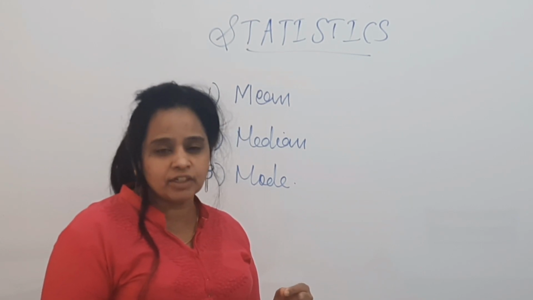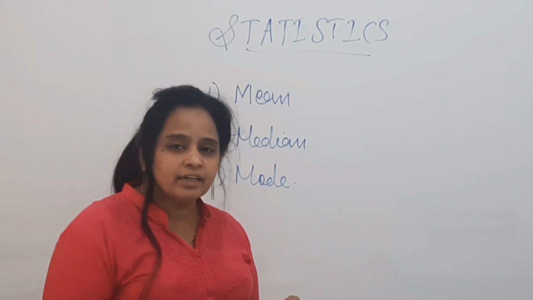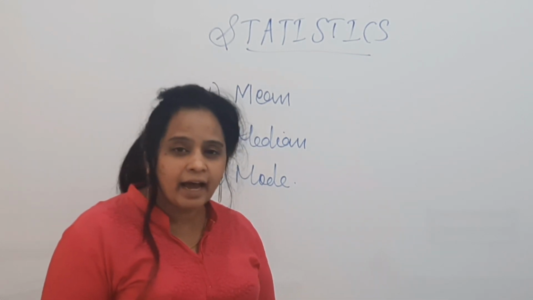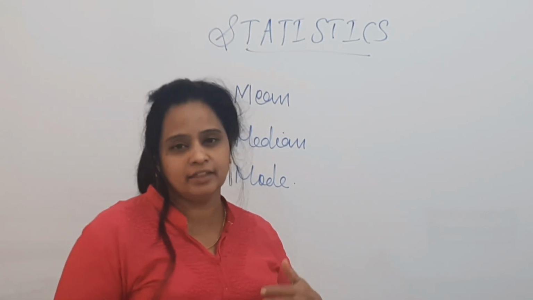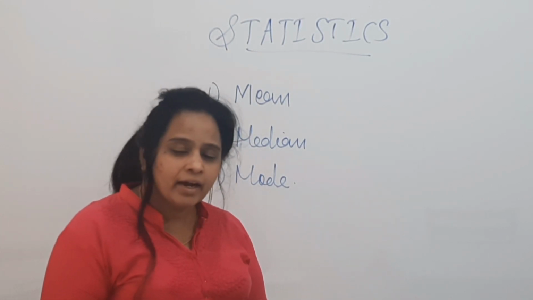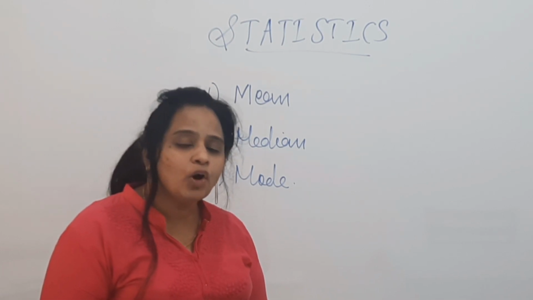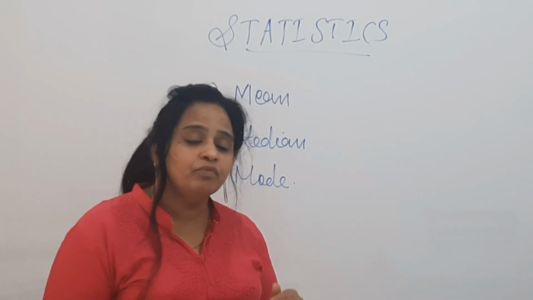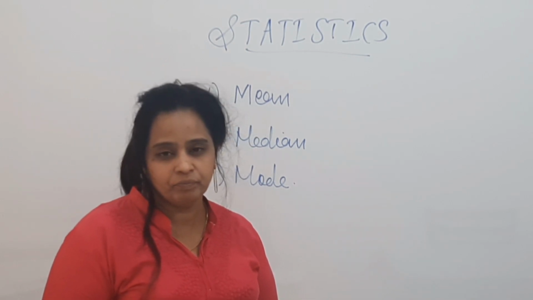Grouped data has class intervals like 0 to 10, 10 to 20, 20 to 30, 30 to 40. But ungrouped data will not have class intervals. Directly, the variates will be given and the frequencies will be given.